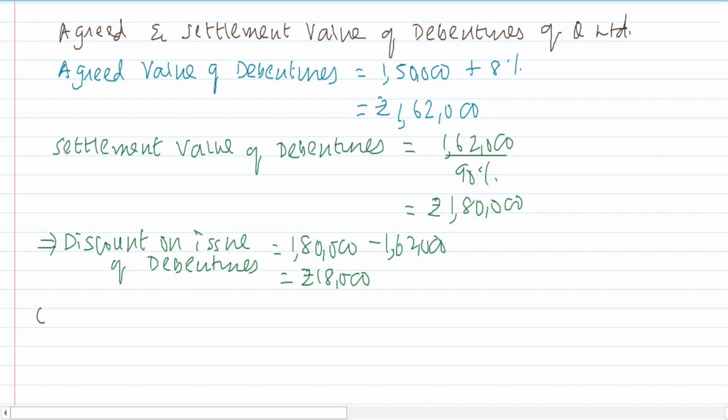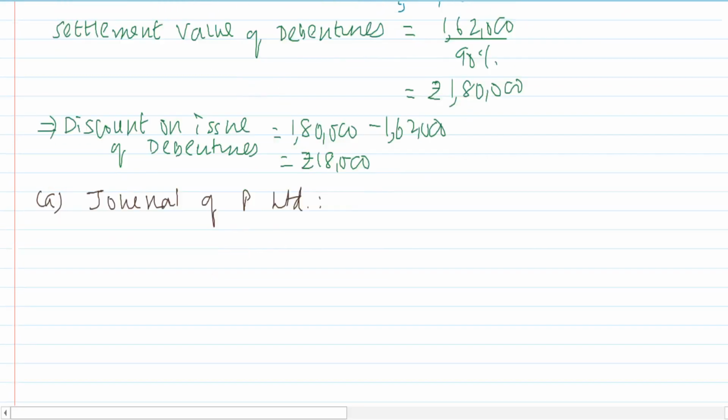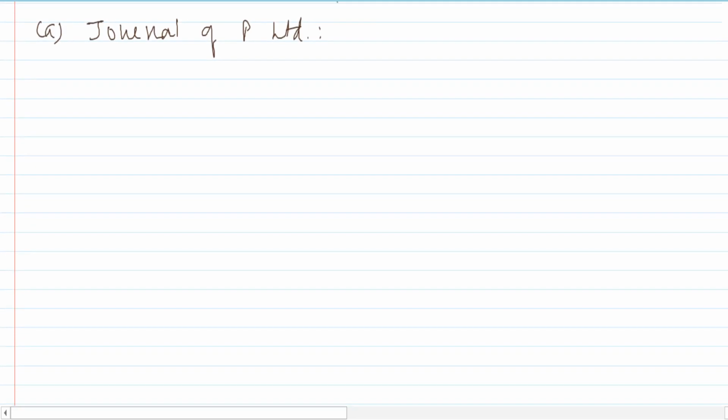So we will answer now part A, journal of P Limited, right? We will prepare the journal. We are first increasing the value of the fixed assets. So we say fixed assets account debit.